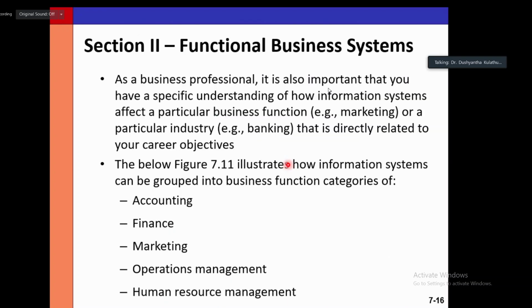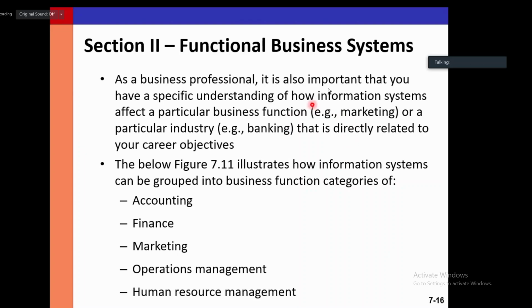Section 2, functional business systems. As a business professional, it is also important that you have a specific understanding of how information systems affect a particular business function, like marketing, or a particular industry like banking, that is directly related to your career objectives.